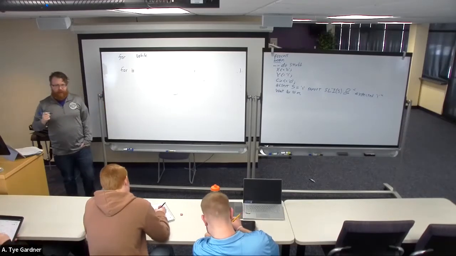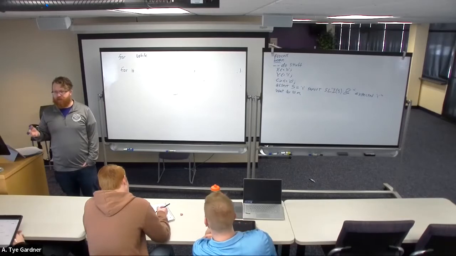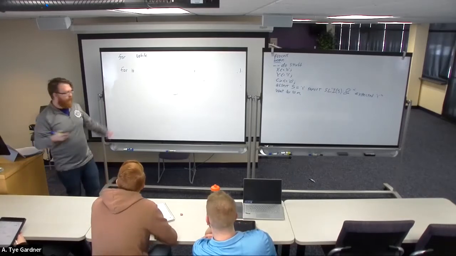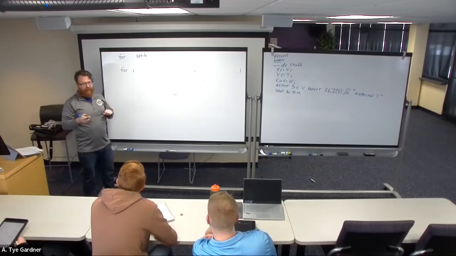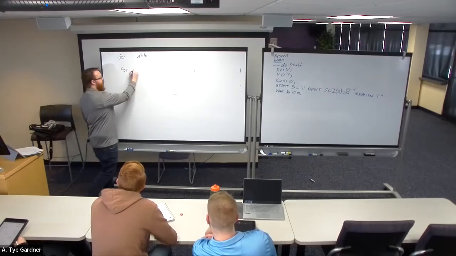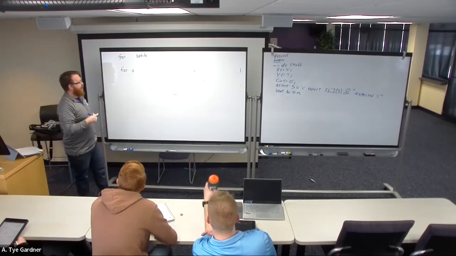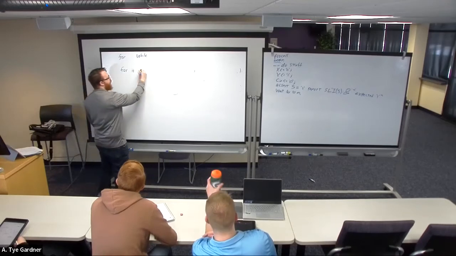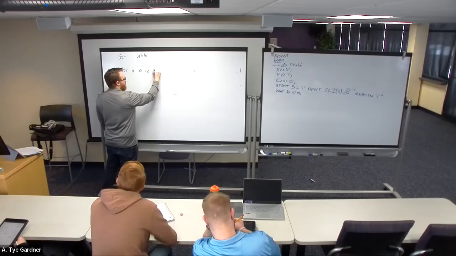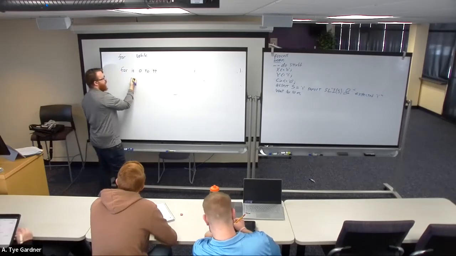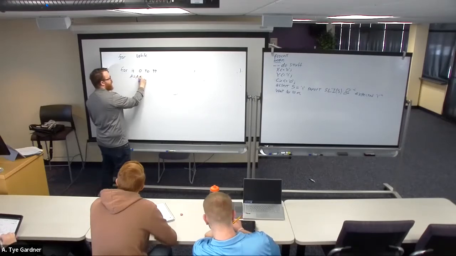This is a programming habit I picked up: anytime I use a loop variable, I use double letters. Most of your programming classes are going to tell you to use i. I like to use ii to let me know that it's a loop variable. It doesn't really take much more typing, and it keeps your code clean. And let's say 0 to 99. Then we could add some number. Let's say A equals A plus 1.